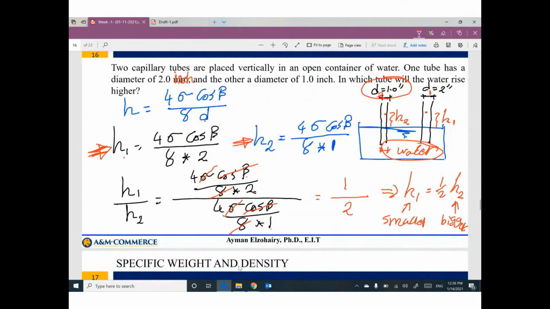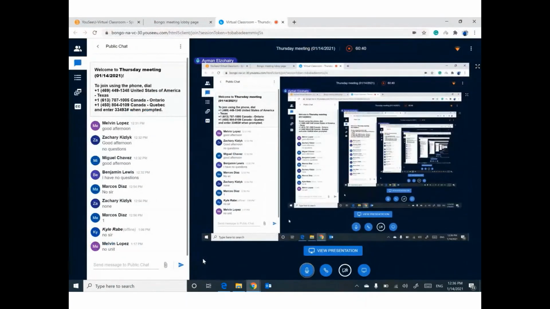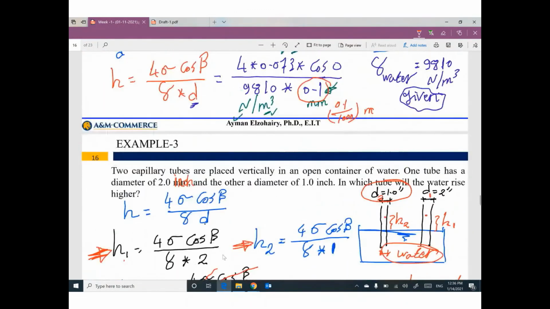But the only problem that most students face is that they cannot figure out which problem, which file they need to open during the exam. It's a big issue. So please try to print these notes, try to put your own notes, your own solutions, to be ready for the exam.